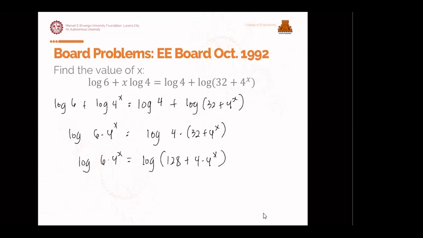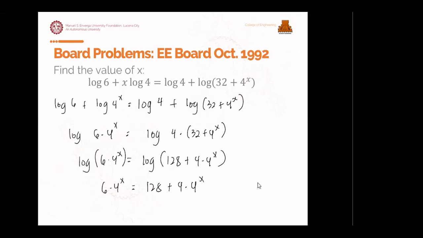Okay? Ganyan natin yung quantity. Okay? And kung wala na tayong magawa dyan, since naka-logarithm tayo, pwede tayong magdagdag ng logarithm each side. Pwede din tayo mag-eliminate ng logarithm each side, no? So, pwede natin eliminate yung logarithm. So, it will be 128 plus 4 times 4 raised to x.